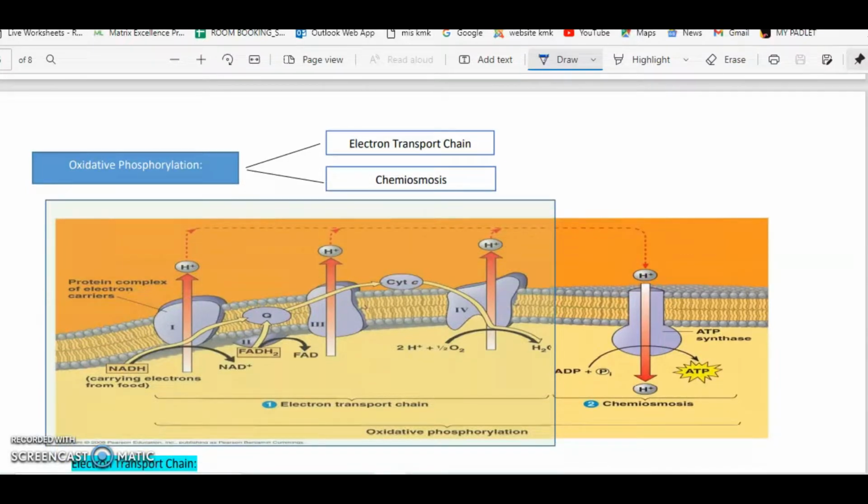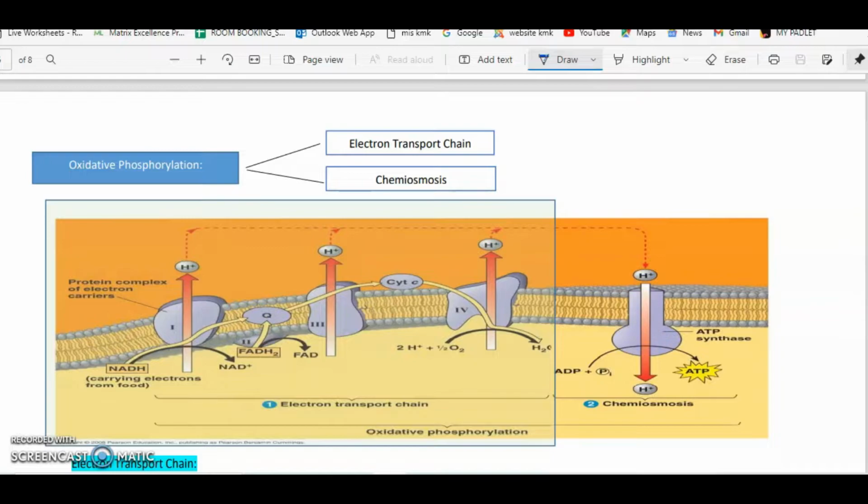So when we talk about oxidative phosphorylation, it is a type of ATP production. As in the beginning of this topic, we explained that ATP is produced in two ways. First is substrate level phosphorylation, where the substrate directly transfers its phosphate to ADP so that it becomes ATP.